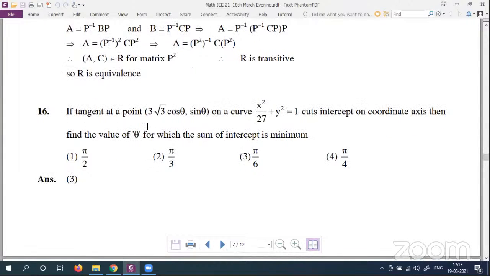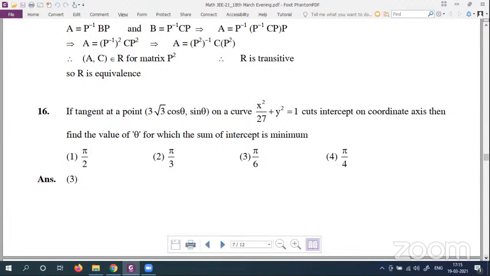Next, tangent at a point on this curve. It is cutting the intercepts on the coordinate axes.